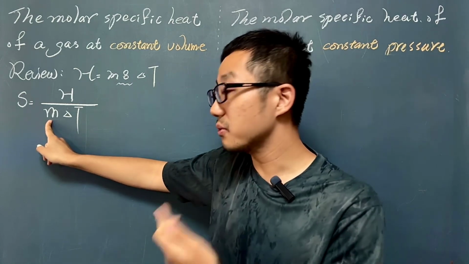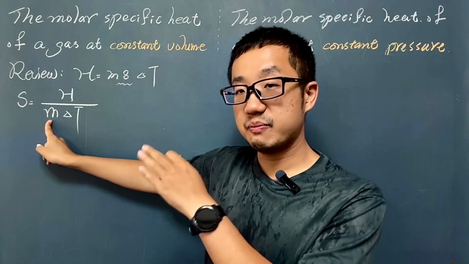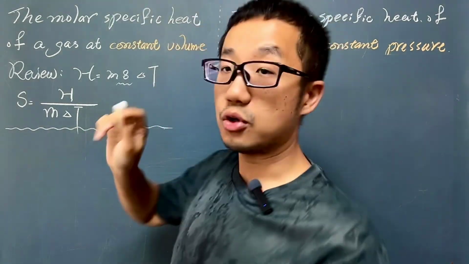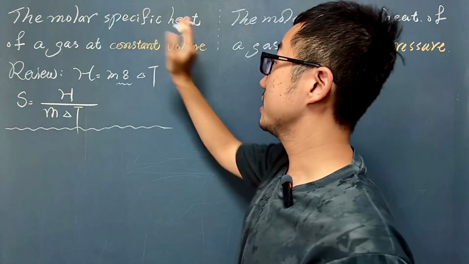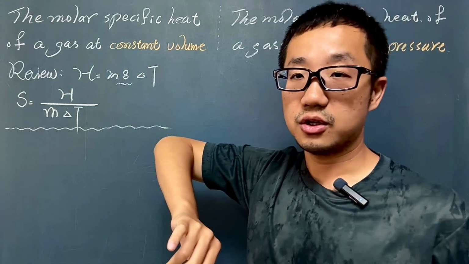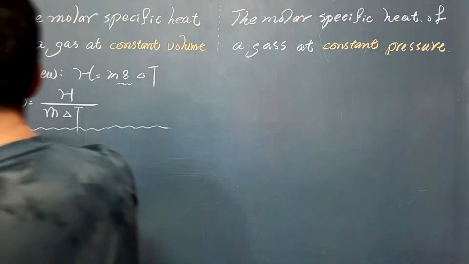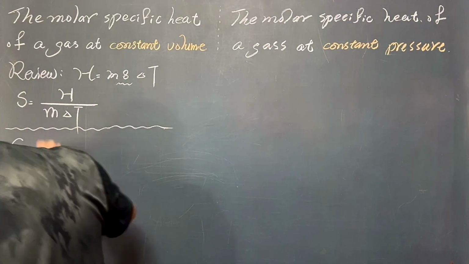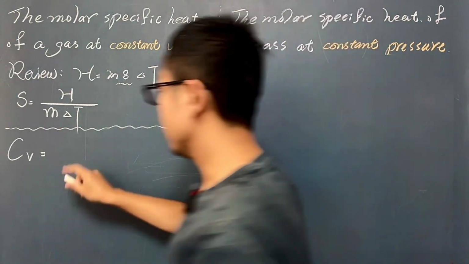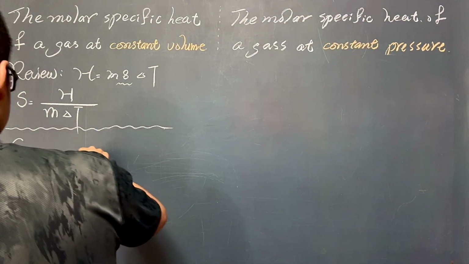Alright, after reviewing the definition of specific heat, I think you are ready to learn new things like the molar specific heat of a gas at constant volume. Usually we use the symbol C sub V for the topic we would like to talk about today. Let's talk about the definition of C_V first.